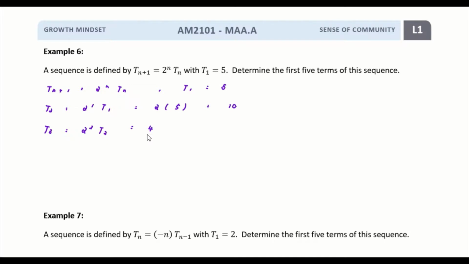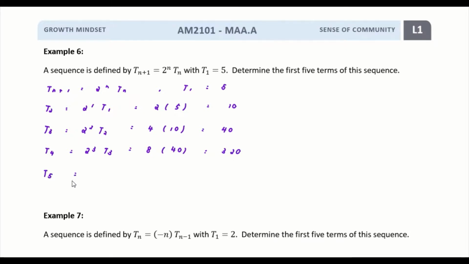So 4 and then T2, that's going to be 10, so that's 40. Next one, the fourth term. To get the fourth term, you need to use the previous term, which is T3. In this case, your n is 3. So 2 power 3 and then T3. 2 power 3 gives us 8, then T3 is 40, so that is 320.